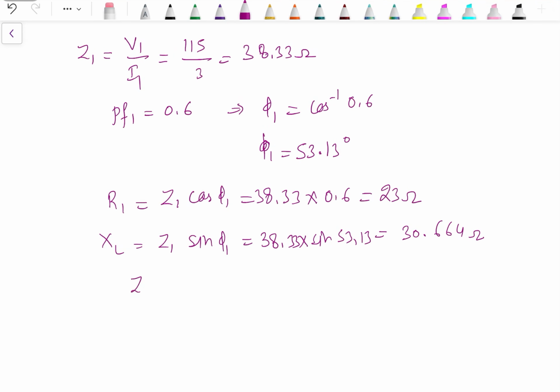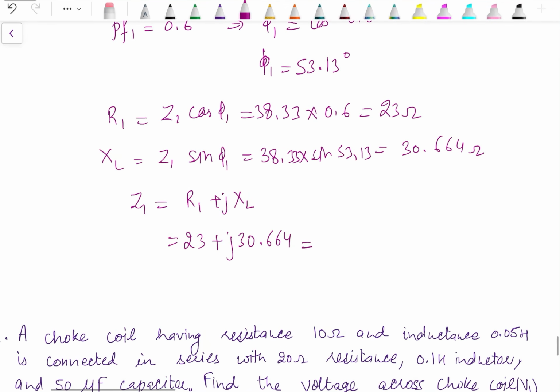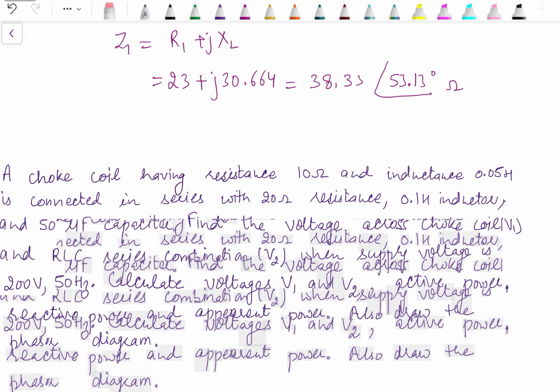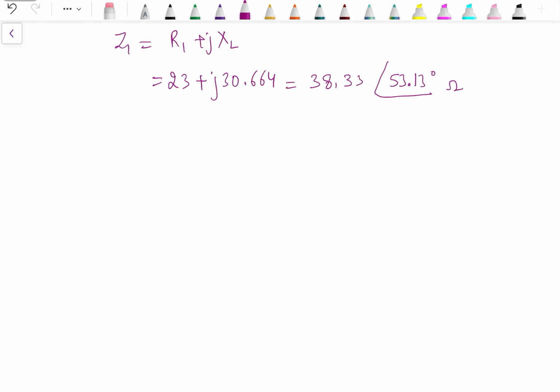So we can say Z1 is R1 plus j XL, 23 plus j 30.664, which can be written as 38.33 and angle is 53.13 degree ohms. So this is how we can express the impedance in polar form.